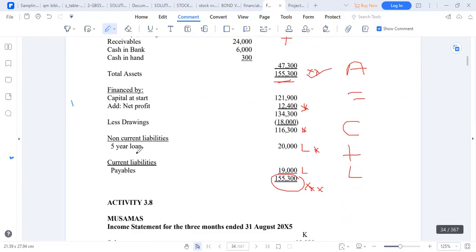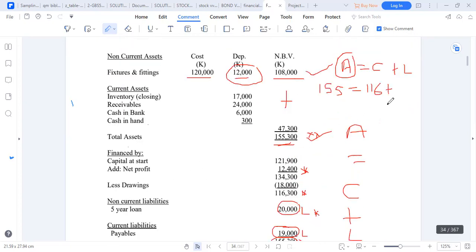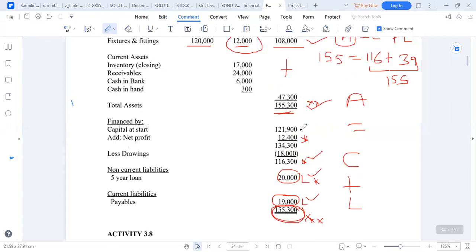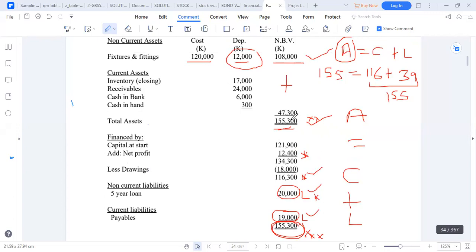So what was our current liability? 20,000. What was our non-current liabilities? 19,000. Together, this is 39. So when we add these two, they're giving us 155. It's balancing. That is where this is coming from.